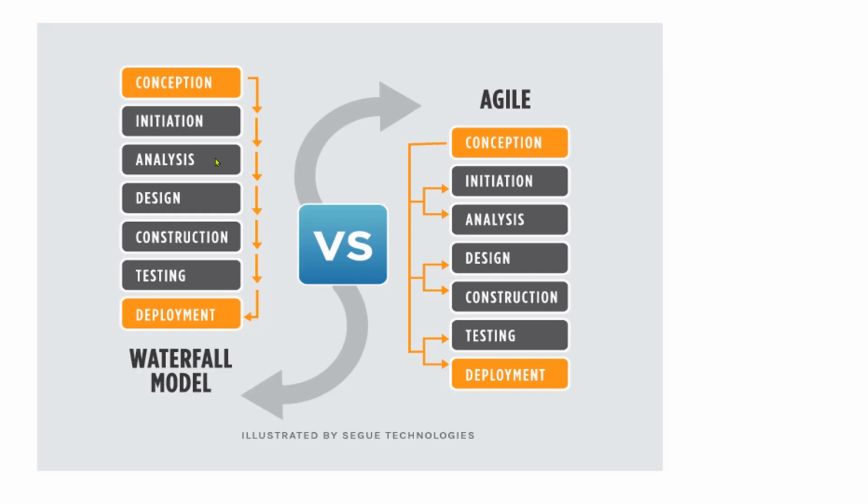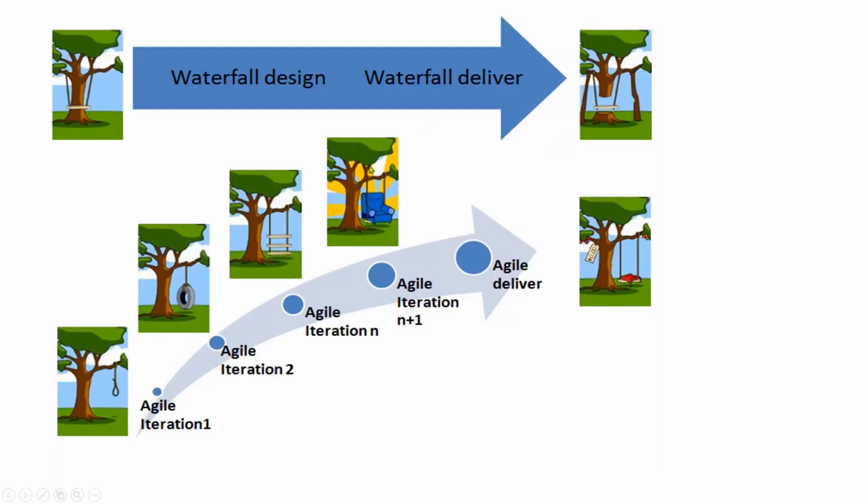At the end, he will say, this is not what I asked for. I asked for something different, and you gave me something different, right? That kind of confusion was removed, and everything was made transparent, in agile methodology.